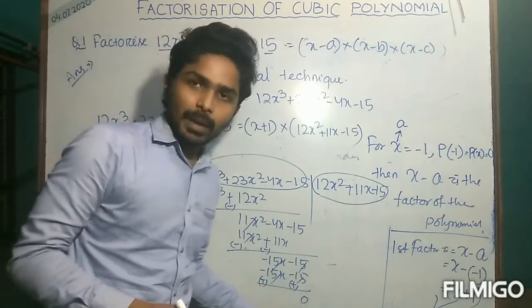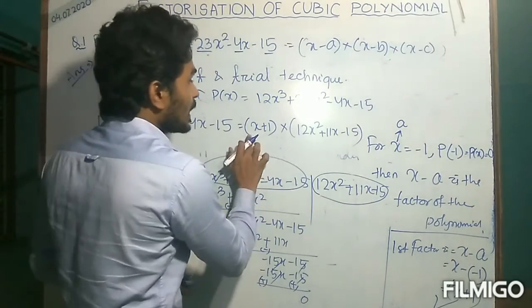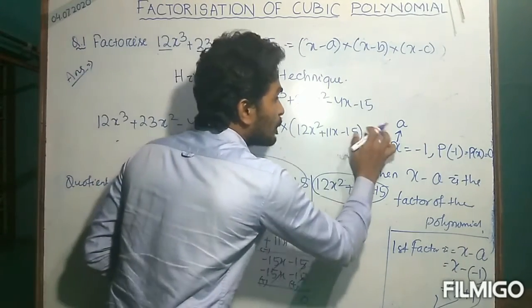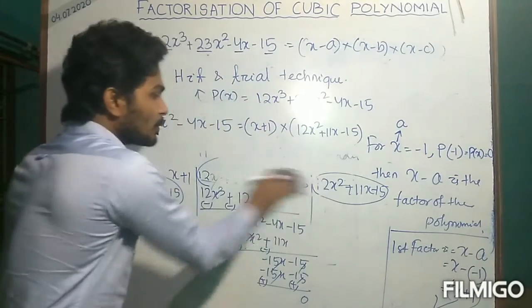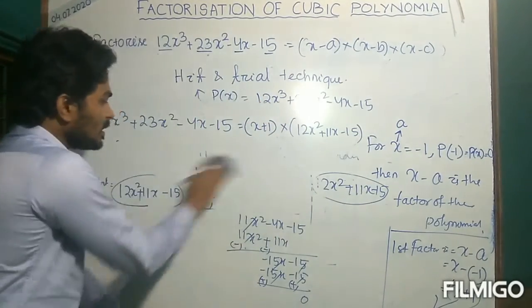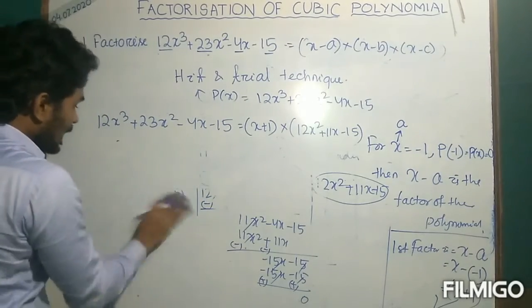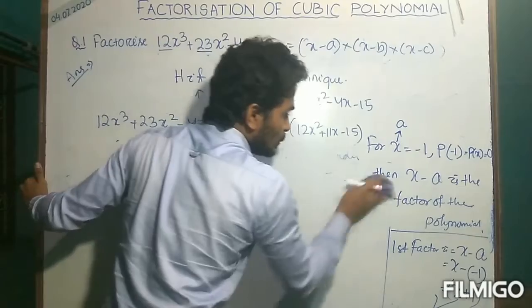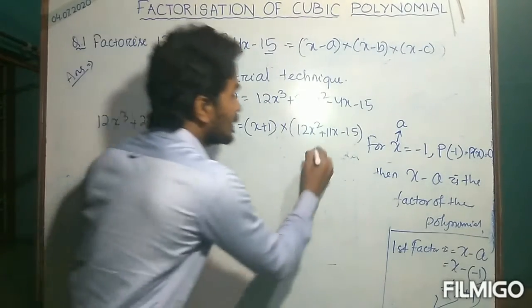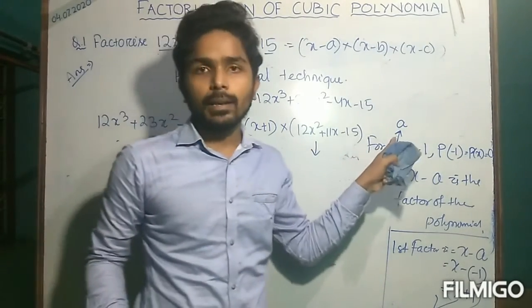Since the remainder is 0, we can write the divisor into the quotient plus remainder, that is 0. So you can get this quotient by using two methods, either the division method or the method that I discussed earlier.